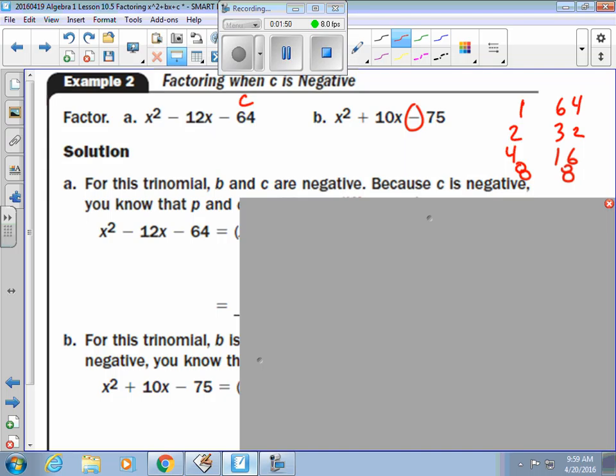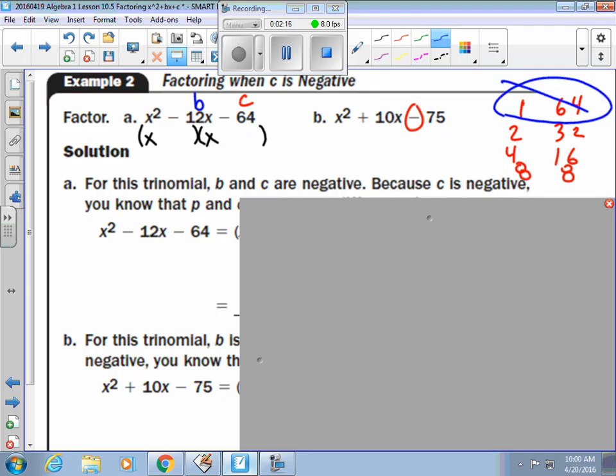So what we want to do here is open up another two binomials like that and get x times x. Which pair is going to give you b's value? Again, b's value, when you combine them, just think of them as addition and subtraction at the same time. b's value is 12. As you look at 1 and 64, you get 63 or you get 65.